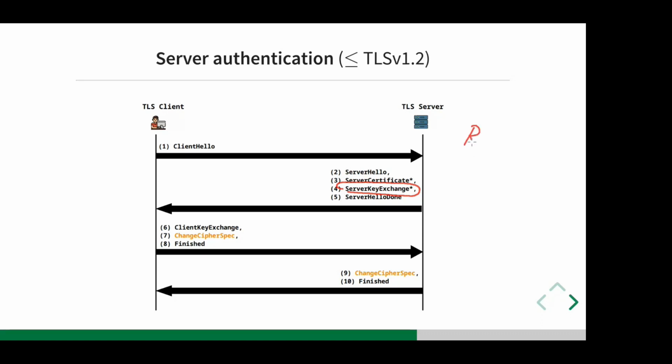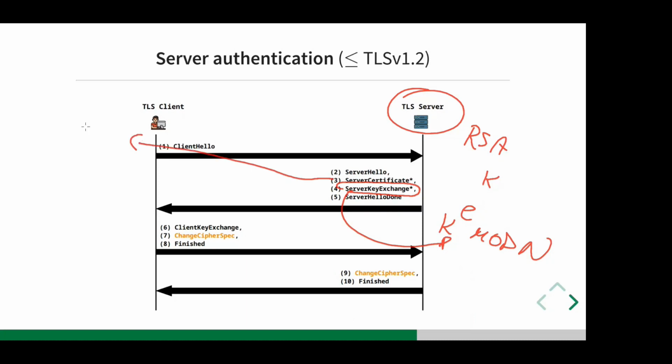The format of the server key exchange depends, of course, on the public key cryptography used. For example, in RSA, the server generates a key and encrypts it with this public key. So in the server key exchange, he sends K^E mod N, and in the certificate it's written: look, E and N belong to google.com. So when the client authenticates the certificate, the server is also authenticated.